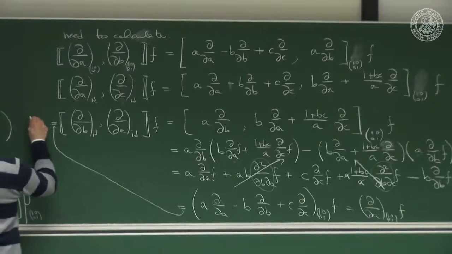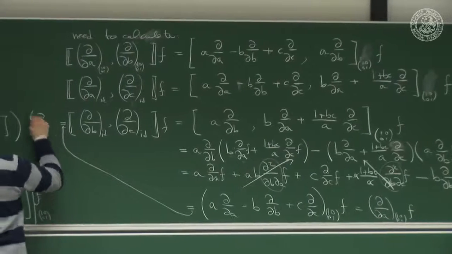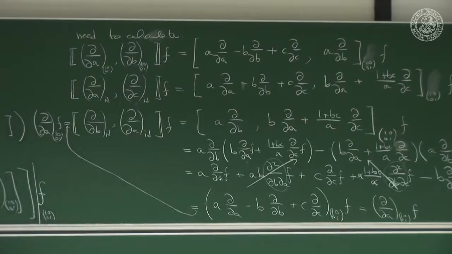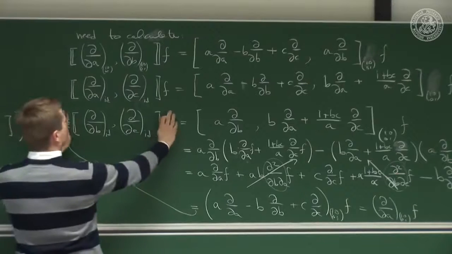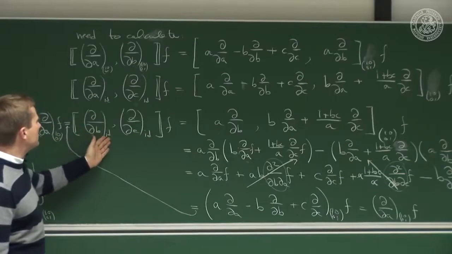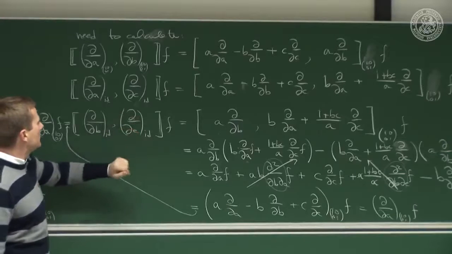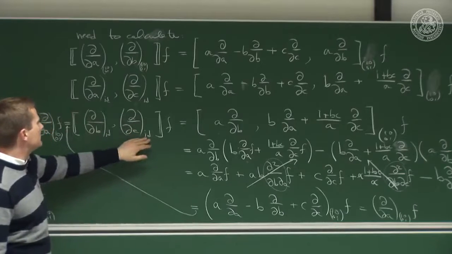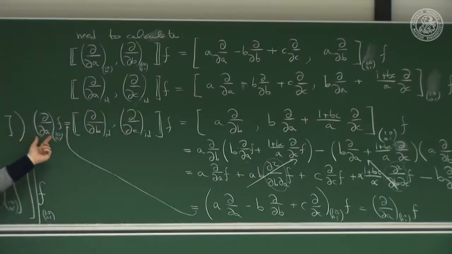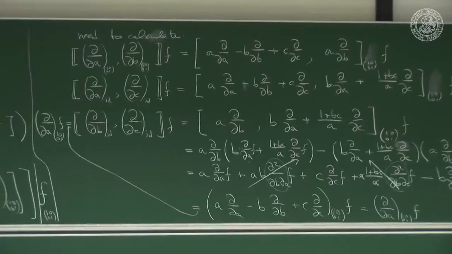This is simply d by dA at the identity acting on F. So if you forget about the F, because valid for any F, you have that the vector in direction B at the identity, the vector in the direction C at the identity, they have the Lie bracket that leads to the d by dA, to the first vector in this coordinate-induced basis at the identity.